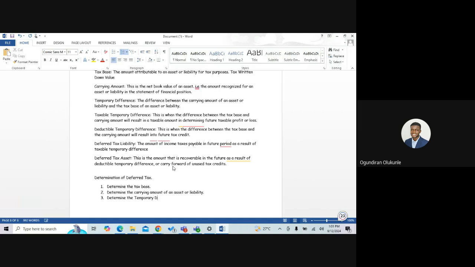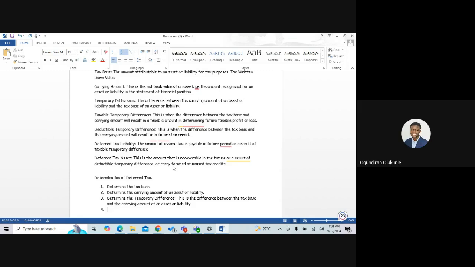This is the difference between the tax base and the carrying amount of an asset or liability, right? Then step four, are we here together? Yes, sir.